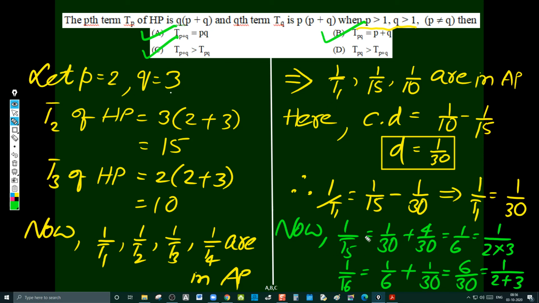T5 is 6. It is 1 by T6 but not T6. So T6 is 5. Like that. After conversion of AP to HP only, you can decide this. So HP problems, you must be thorough, please. Wherever HP comes, you work out more problems on that one. It's done.